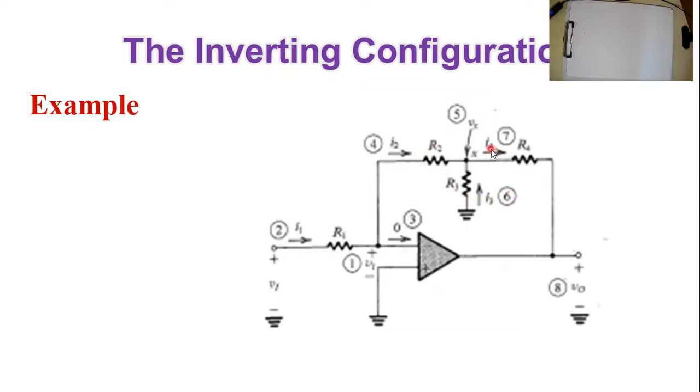In the previous configuration, you only had 1 resistance. However, here you have 3 resistances in this area. So let's now start together solving this circuit and see how we can reach an expression for the gain, the input resistance and the output resistance of this configuration.